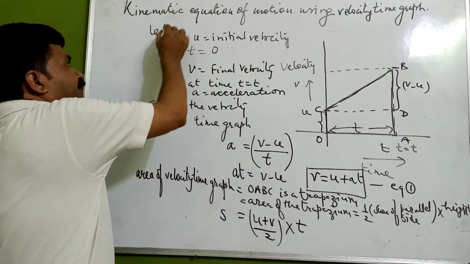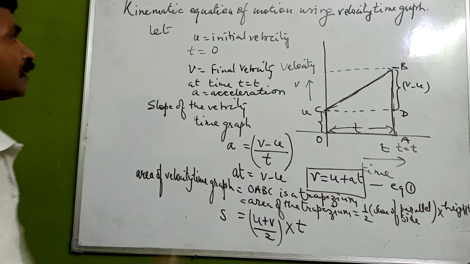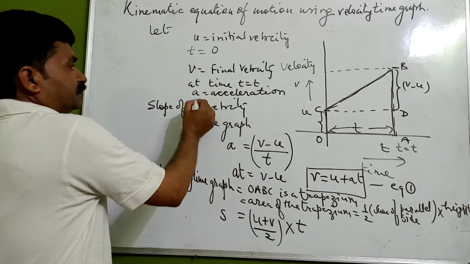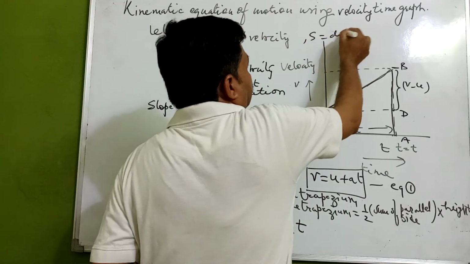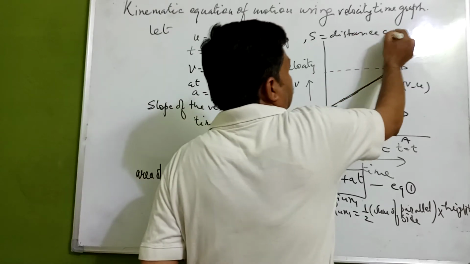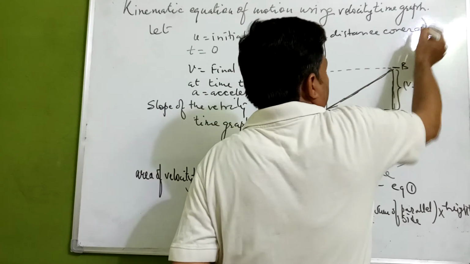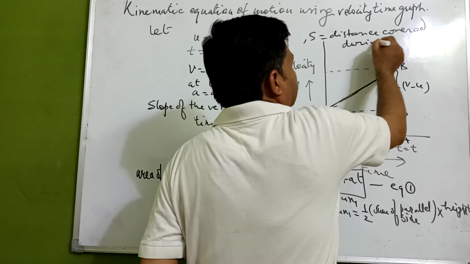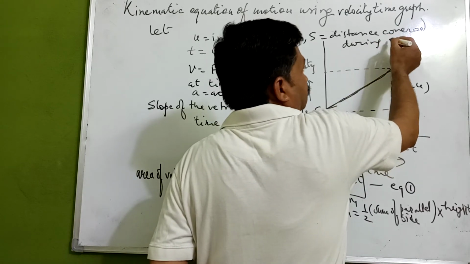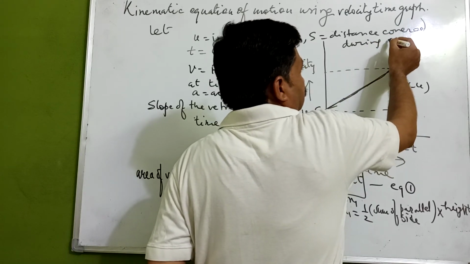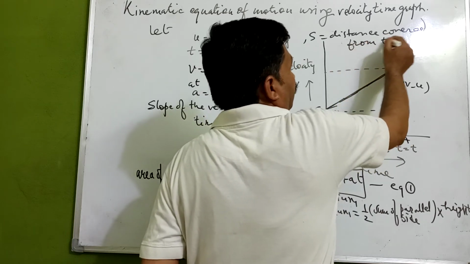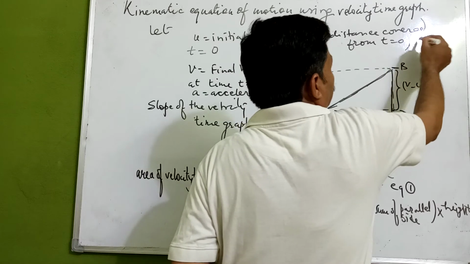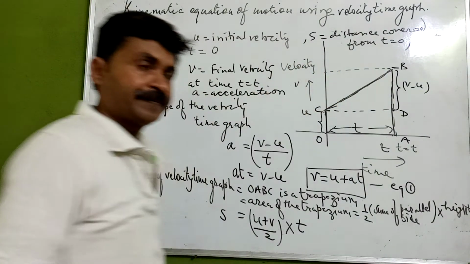So s is the distance covered from t equals to 0 to t equals to t.